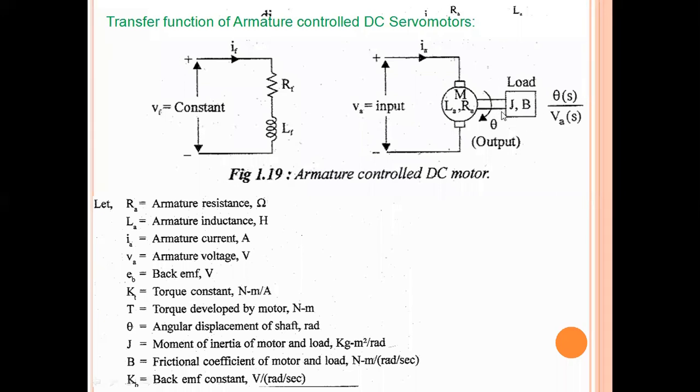All these come under mechanical representation. So motor is nothing but the combination of the electrical circuit along with the mechanical circuit. We know how to calculate the mechanical circuit representations. We have come across mechanical translational systems and mechanical rotational systems. With the help of that concept, we can solve this mechanical circuit also.